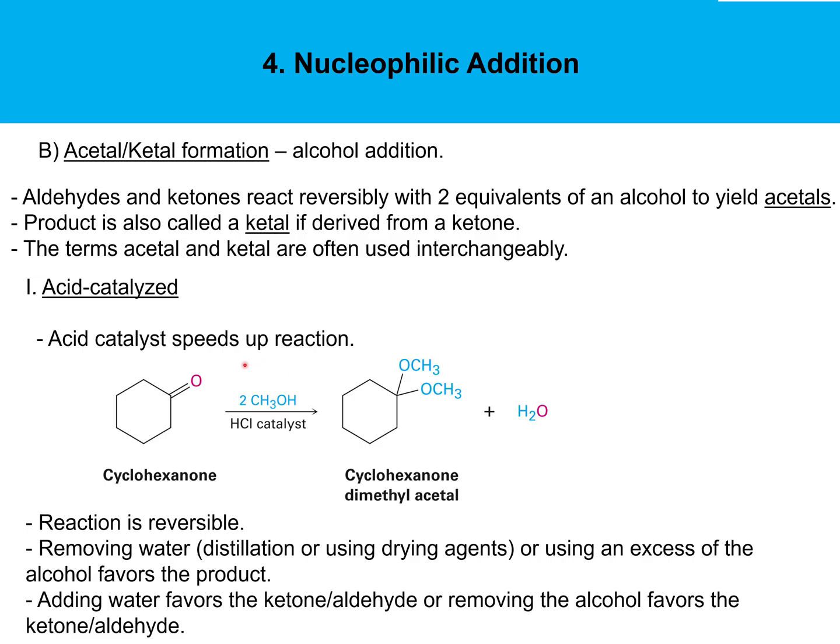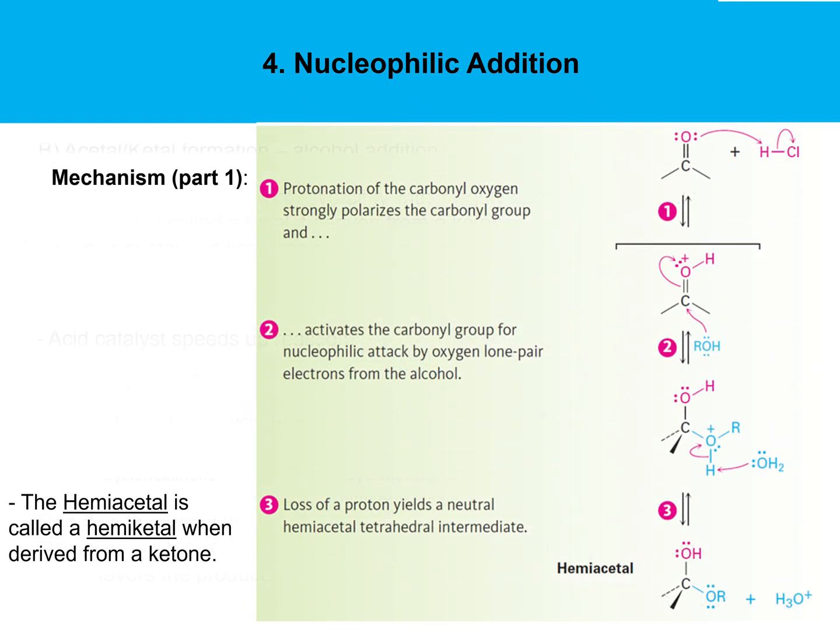One simple way of doing this in a lab would be distilling the alcohol. If we were trying to get the acetal, we might distill the water or use some sort of drying agent within the reaction that will soak up the water and push the reaction towards the acetal.